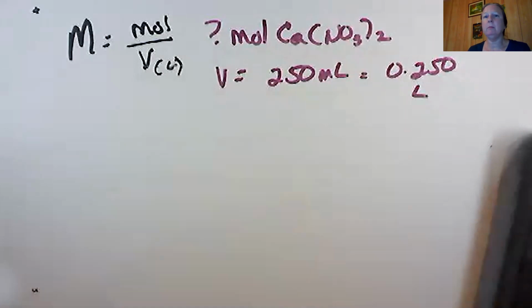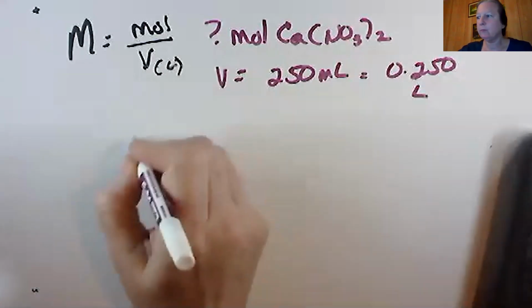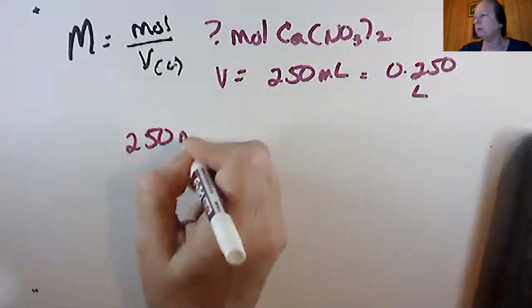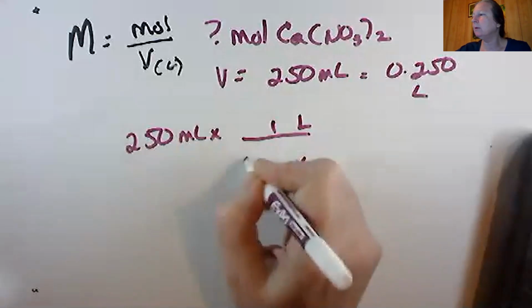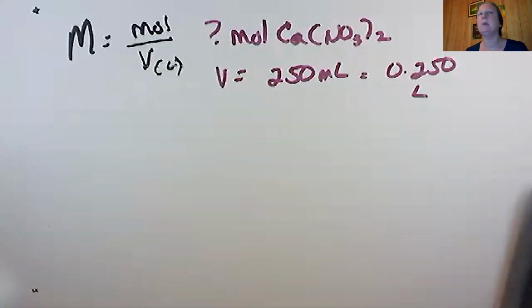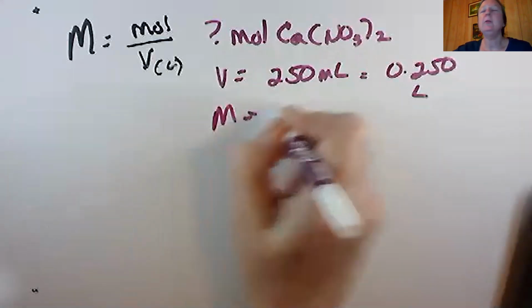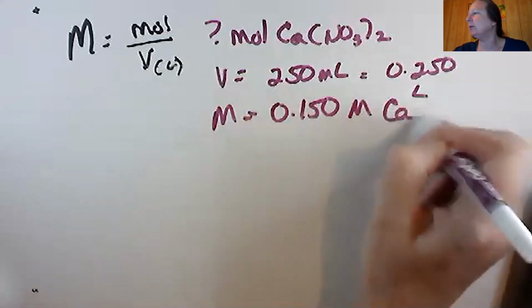But if you're not sure, go ahead and convert it. And when you do this, you will get 0.250. And our molarity is 0.150 molar calcium nitrate.